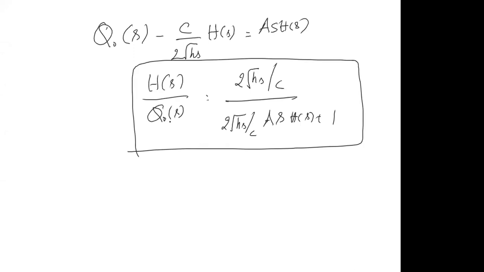As we move to higher powers, you can't take the common term. Here, the output and inlet variable should be power 1 only. Then only you can write the transfer function h of s by q naught of s. Sorry, there is no h of s here. It is taken out now.